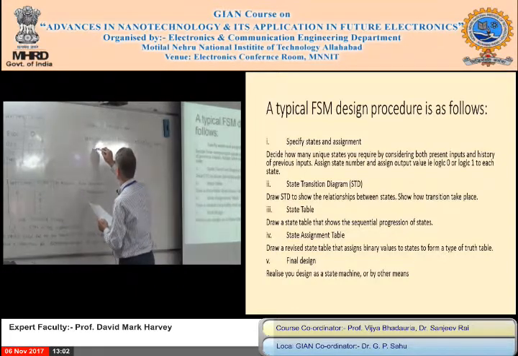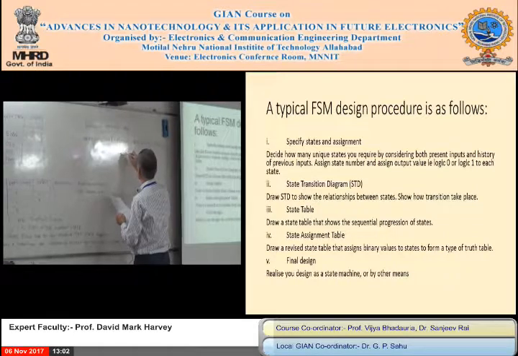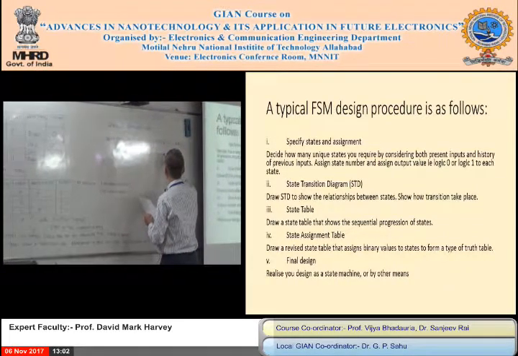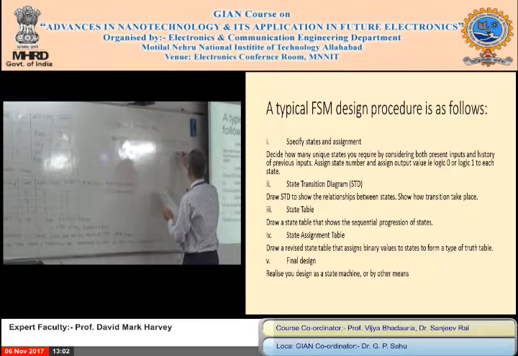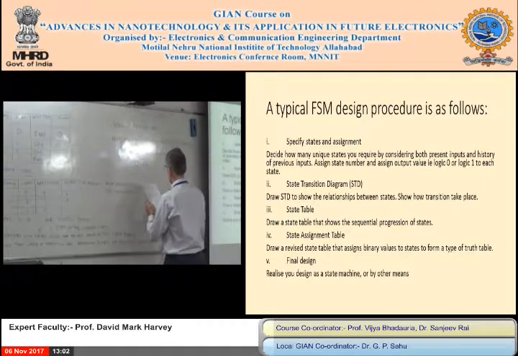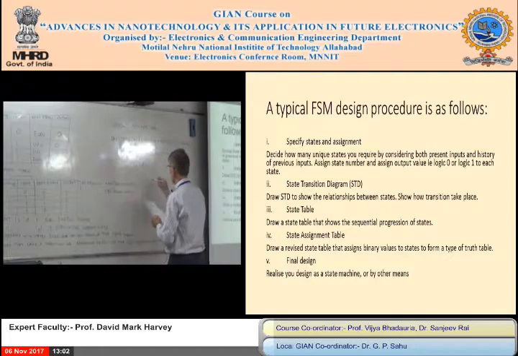So output here is just the present state. Final design.